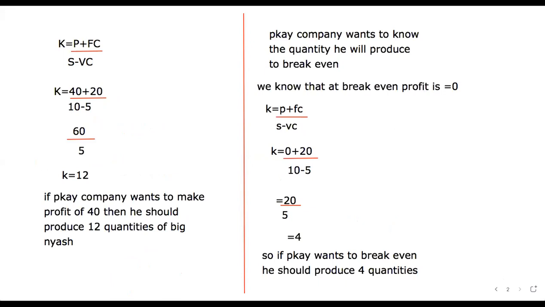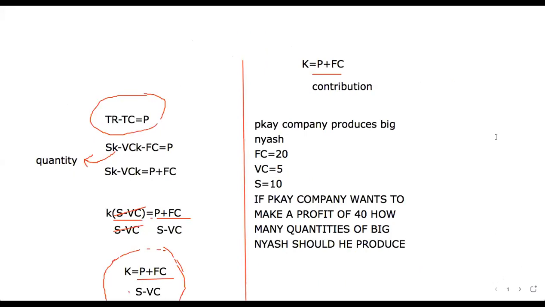This is just the first lecture. Some people said they didn't understand what was in the video, so I've re-explained it here. Can you go over this side again? TR minus TC is equal to P. TR is total revenue minus TC, total cost, is equal to profit, as we know already.